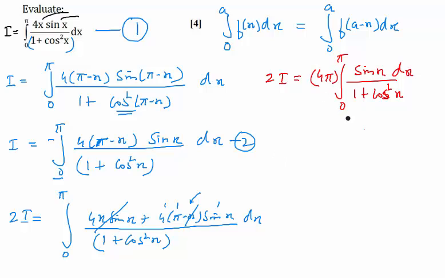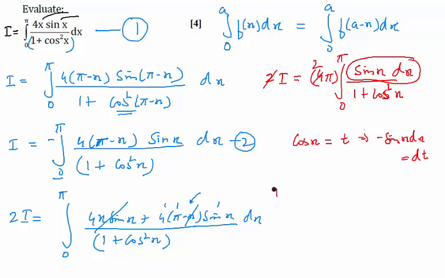Now after this, there is one very simple substitution: if I use cos x equal to t, then minus sin x dx should become equal to dt, which means that sin x dx should become equal to minus dt, and I will get something like this. Let us cancel out this 2.